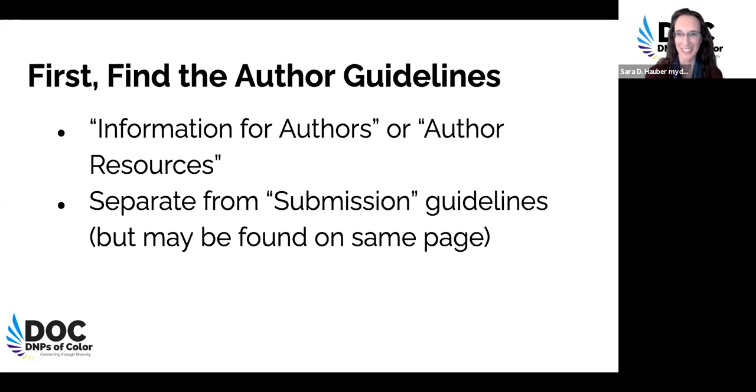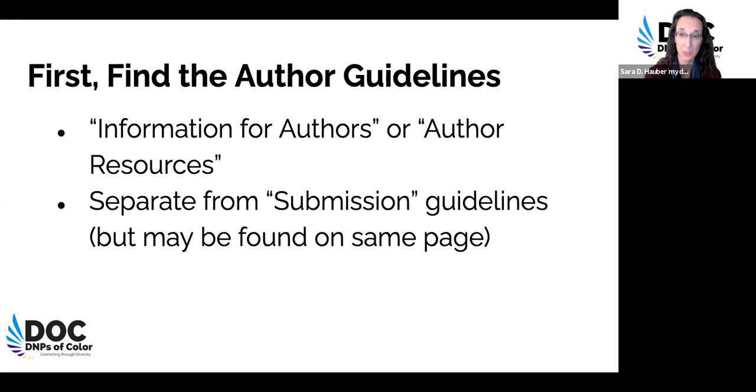First, you need to find the author guidelines. Now, that might seem easy, but oftentimes they appear in places that you might not expect when you visit a journal's website. So you'll always want to go directly to the website for your specific journal of interest. And most of the time, you'll find the information under a section called Information for Authors or Author Resources.